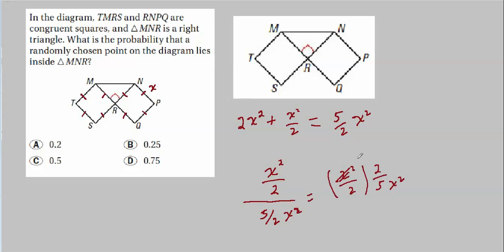Because they're dropping out. These cancel and the 2's cancel. We get 1/5, and that is exactly like 0.2, isn't it? So it turns out we didn't ever have to know what the actual side length of anything was.